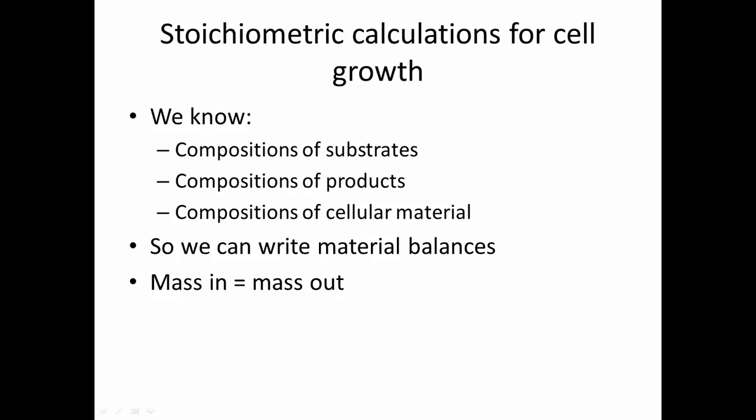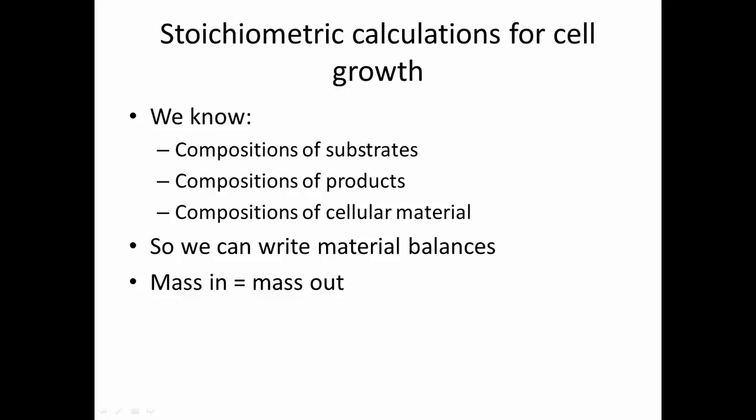The composition of cellular material might be a little more involved, but a lot of formulae for cellular material have already been established under different conditions. And you saw in the book that there is a whole table that lists a bunch of those. So even if we are working with something that's not in that table, we have a general idea, because there is a general formula for cellular material, and we could just, as a default, use that.